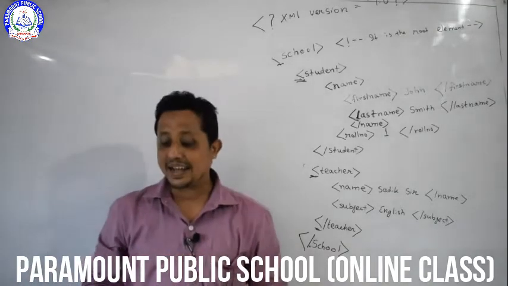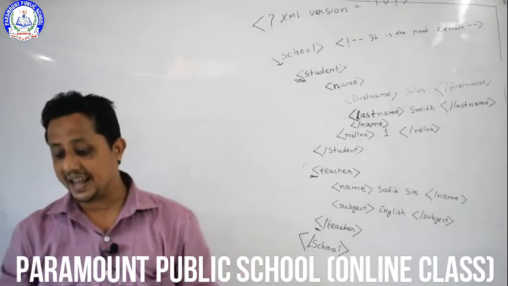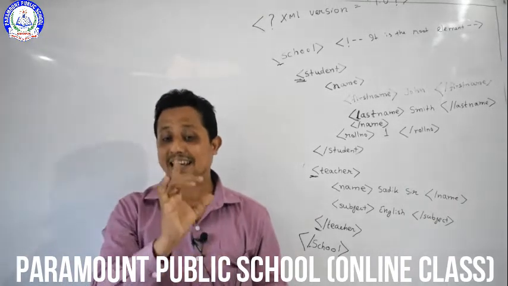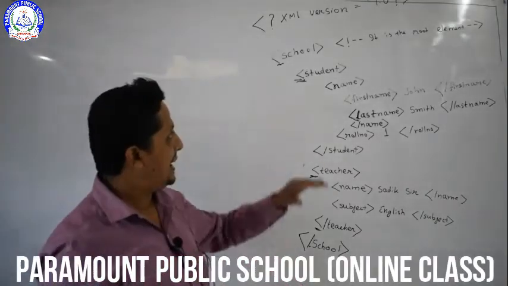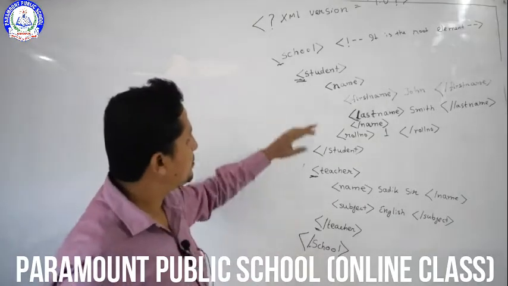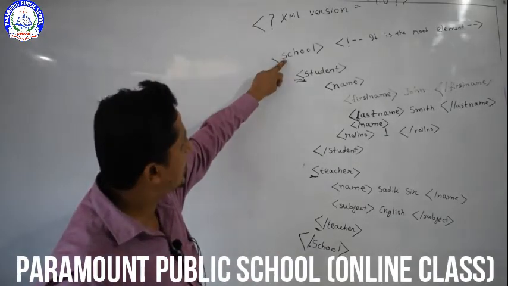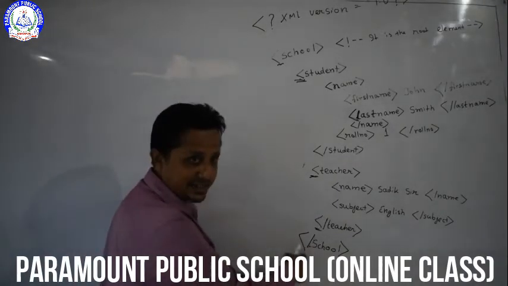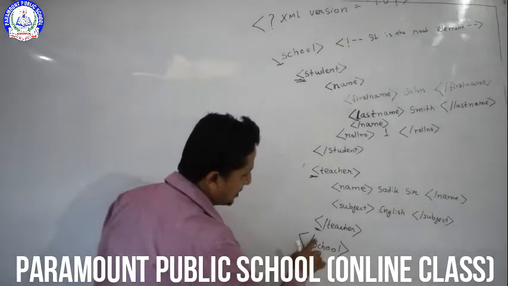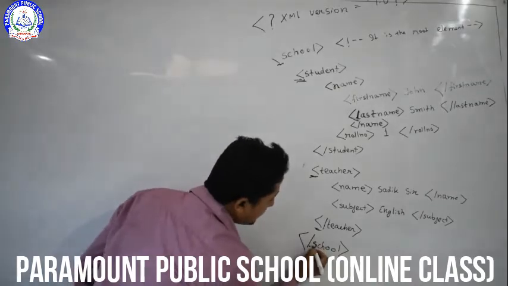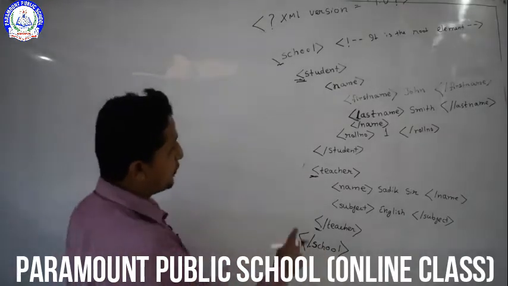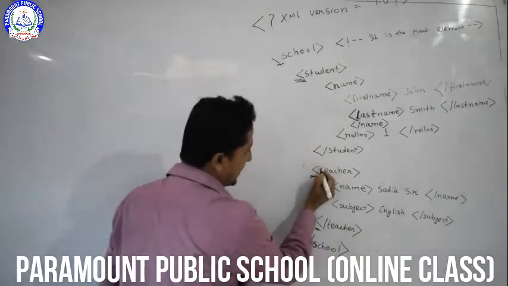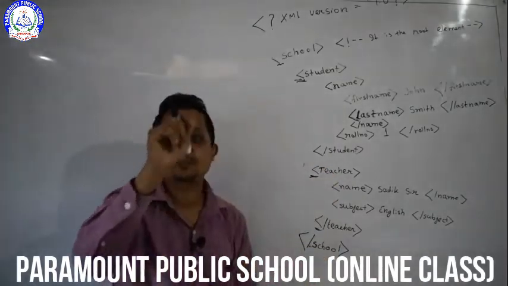As XML tags are case sensitive, the start tag and end tag must be of the same spelling and case. I told you this earlier also. Suppose here I have written school in small letters, and here also in small letters. Now if I write this one with a small letter t, and then give it in capital in one place and small in the other, there will be a problem.